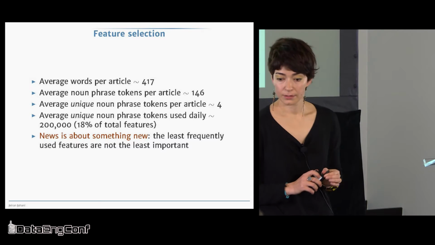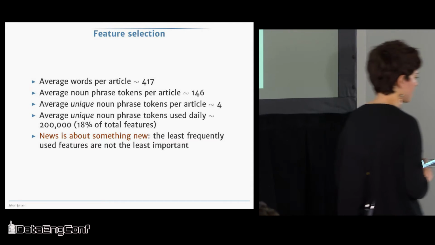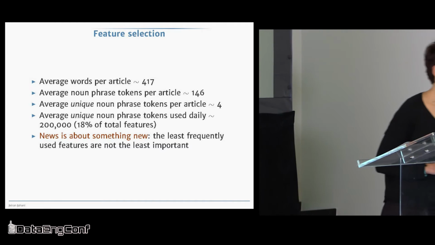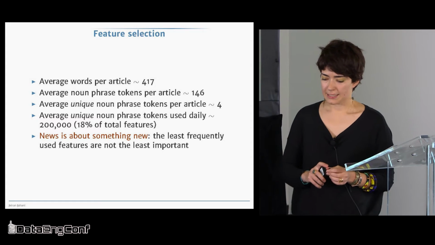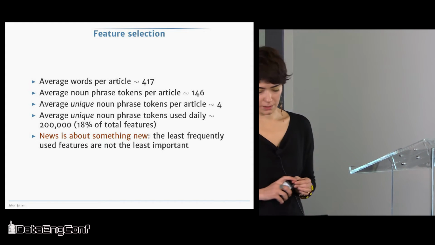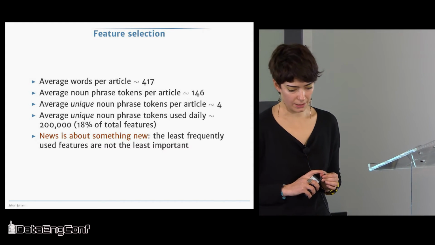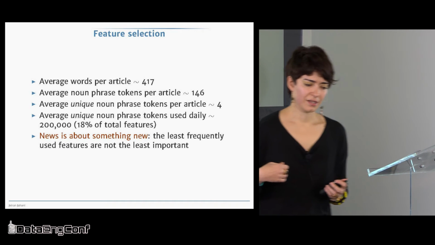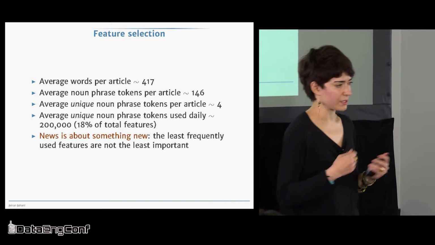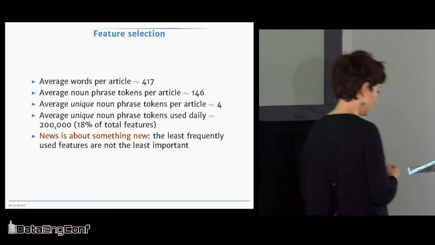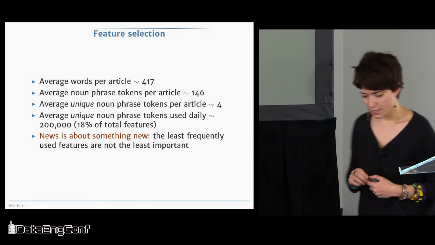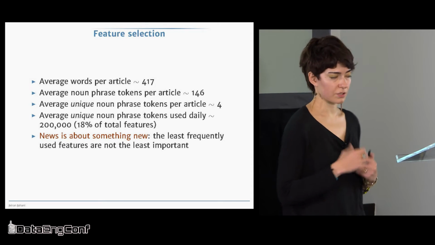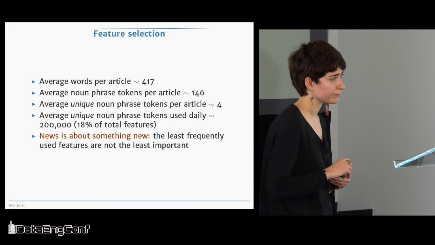OK. So for now, the dimensionality of our feature space is around 1,500,000. That's a lot. And that's P. And when you're calculating pairwise distances and whatnot, those things scale with P. You want to have a way to select which features are more important for your clustering.